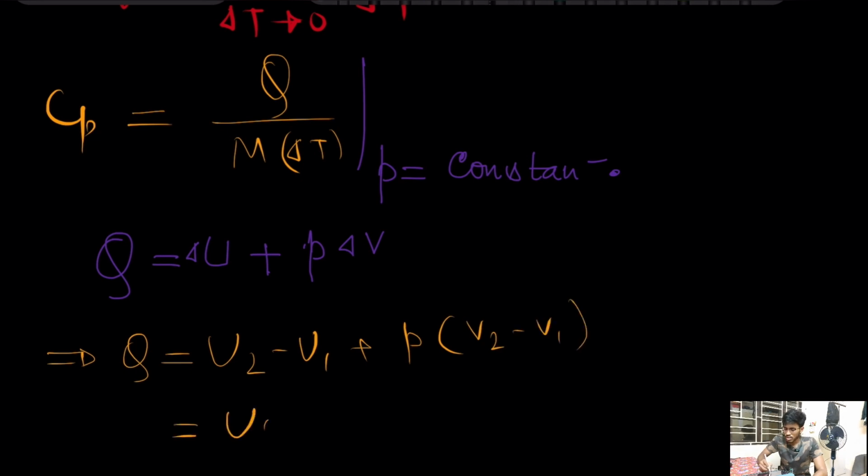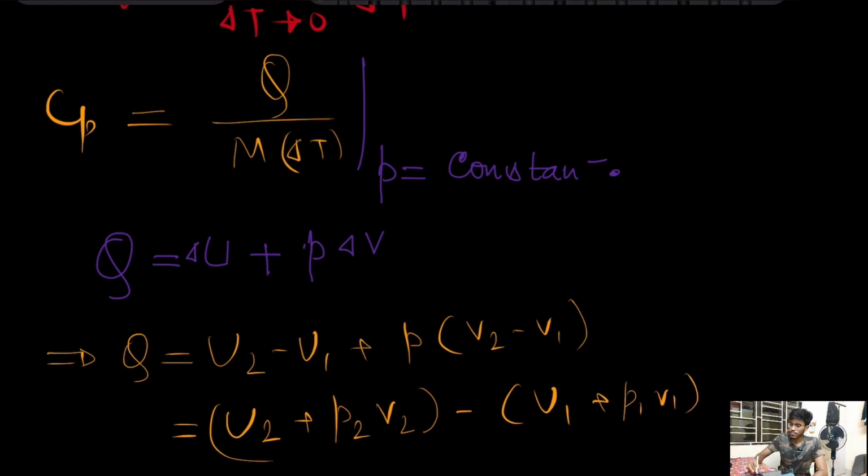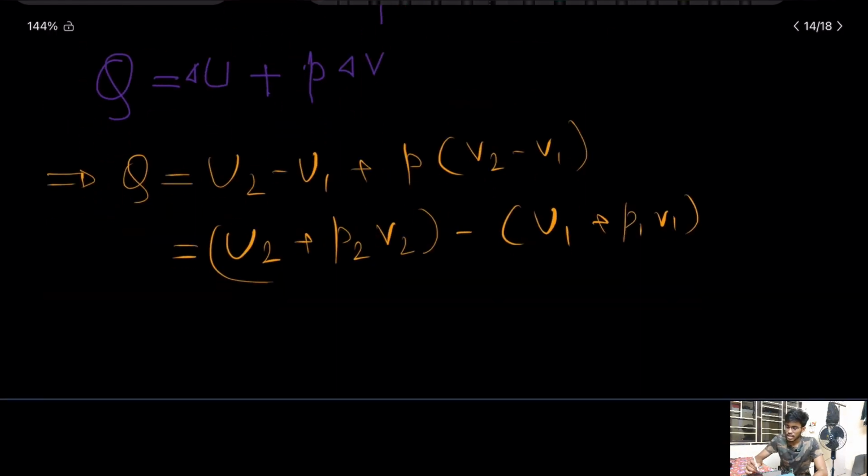Now I can write this as (U2 plus P2 V2) minus (U1 plus P1 V1). Now this P1 and P2 are the same, and why are they the same? Because it is a constant pressure, isobaric process, right.